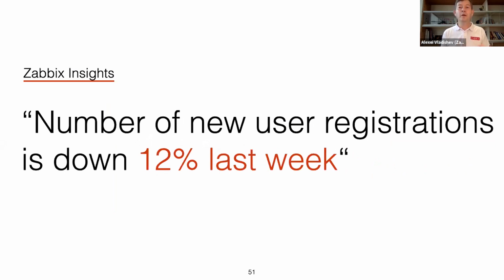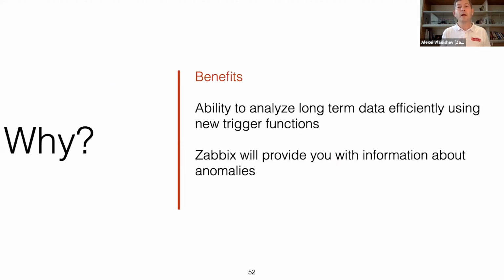This way, it's some sort of anomaly detection, when we understand that our metric maybe grows too fast over quite a long period of time, like daily, weekly, or monthly analysis, or maybe it decreases or increases too much. We introduced it with support of a new set of triggers which work with trend data for long-term analysis. This way, we are making Zabbix very efficient because trend data is not as big and huge as normal raw historical data.